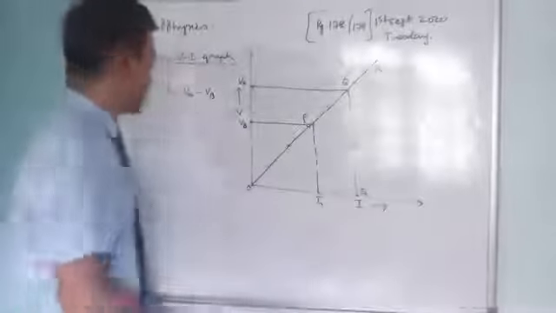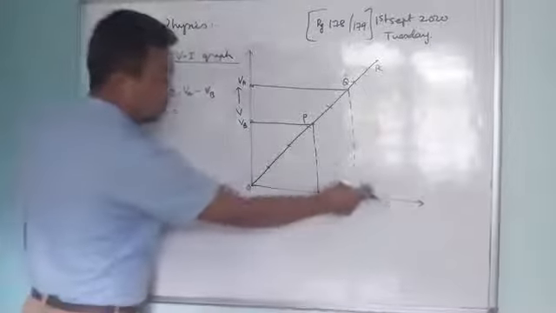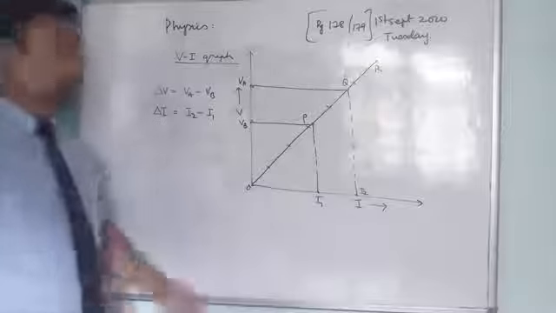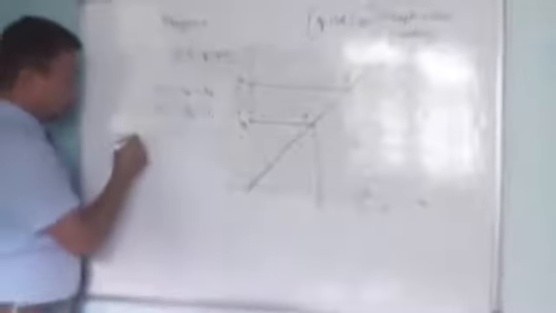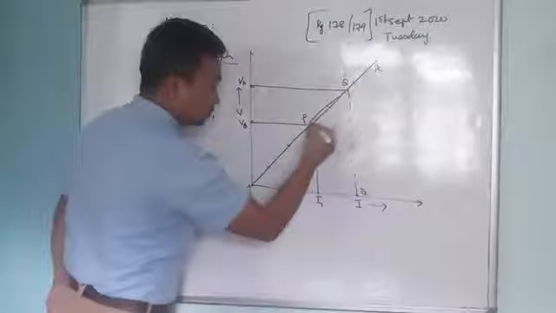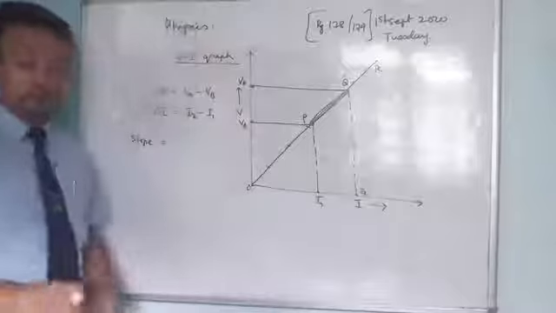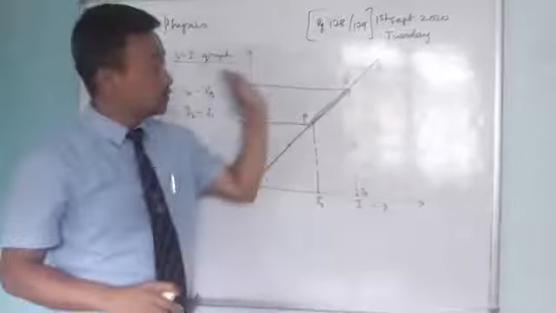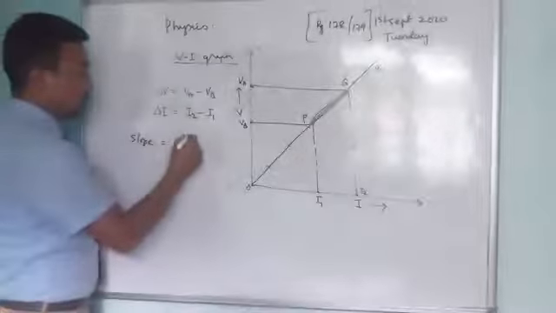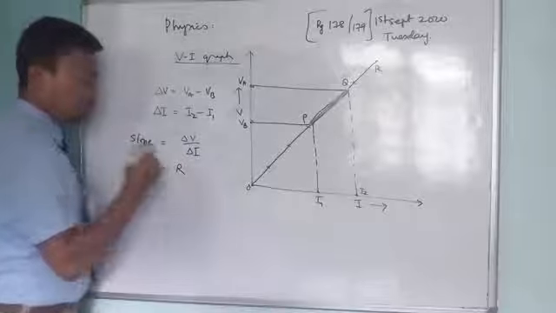Similarly here you will get delta I, that means I2 minus I1. Let us find the slope of this graph between P and Q. The slope is given by delta V upon delta I, and this is nothing but the resistance.